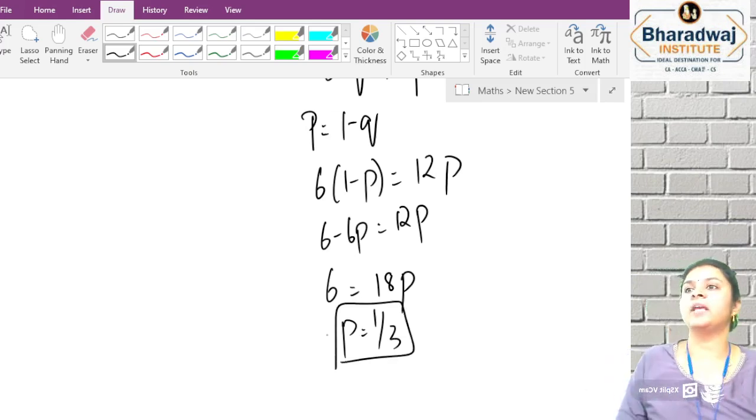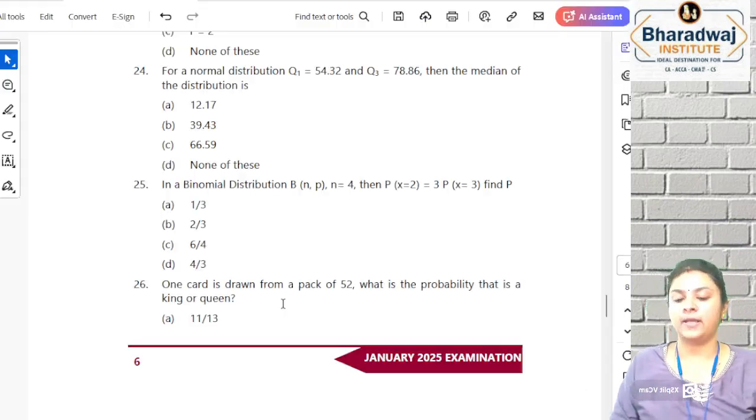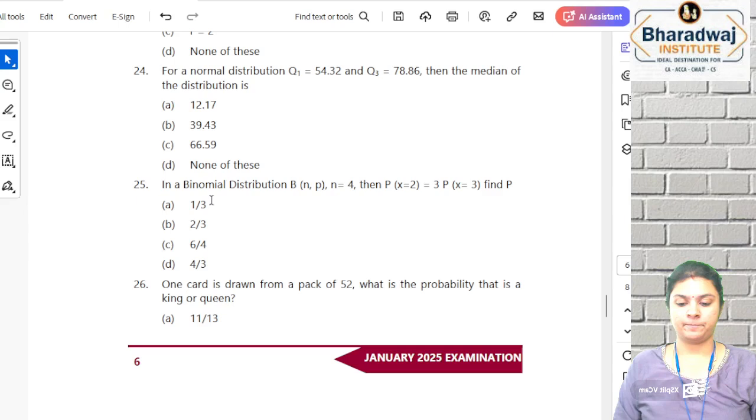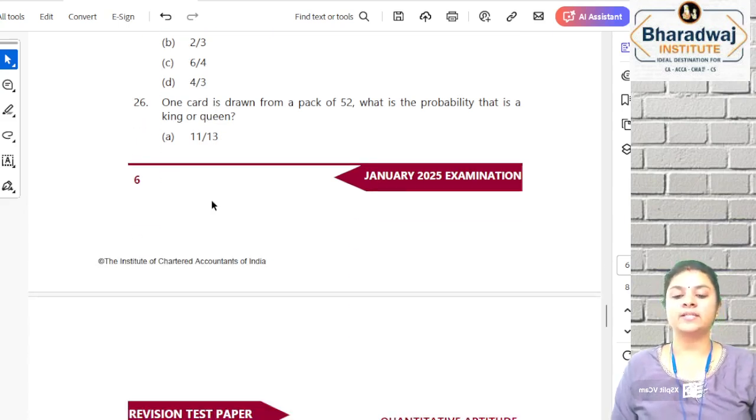P is 1 by 3, therefore q will be 2 by 3. So they are asking p, which is 1 by 3. Got it?